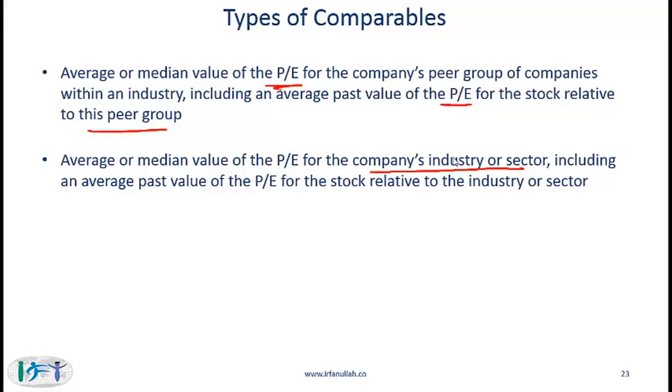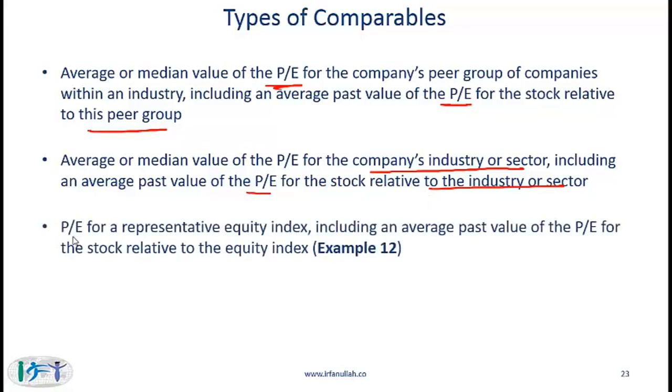So rather than just picking some companies from the industry, just having a well-defined peer group, you take a number for the overall industry or sector, including an average past value of the PE for the stock relative to the industry or sector. And then you can also take a PE for a representative equity index, including an average past value of the PE for the stock relative to the index.